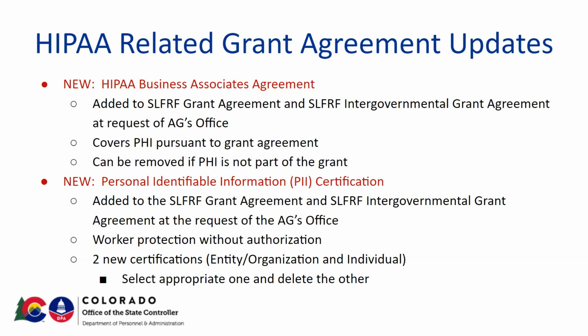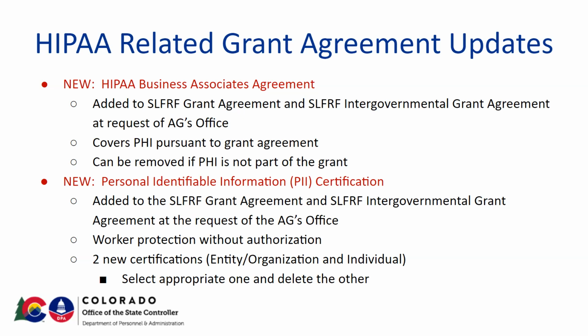The answer to that one would be no, because we're anonymizing the data. So those are just a couple of examples of what we would need to either add or not add as a HIPAA exhibit on the grant agreement. Next, we'll talk about PII.